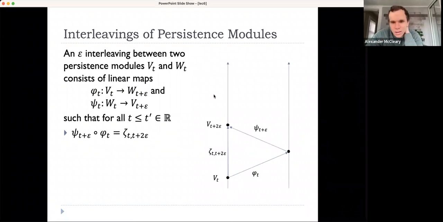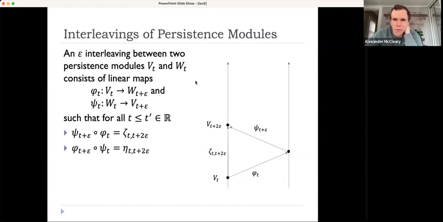So this is exactly what this is saying, is that, right, we start at V_t, and there are sort of two paths we can take. We can go straight from V_t to V_{t+2epsilon}, or we could go from V_t to W_{t+epsilon}, and then to V_{t+2epsilon}. And we want those two paths to be the same.